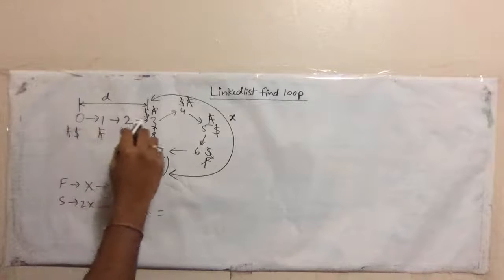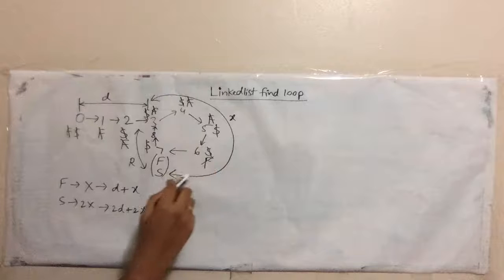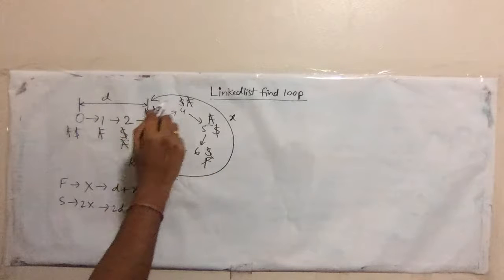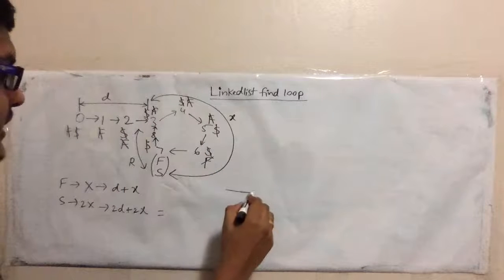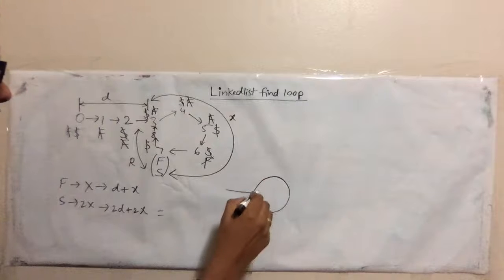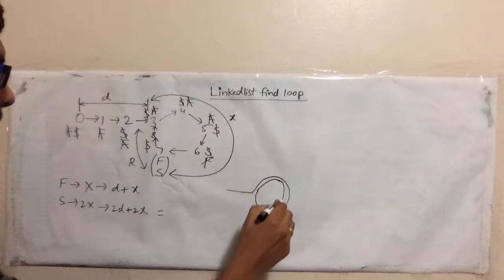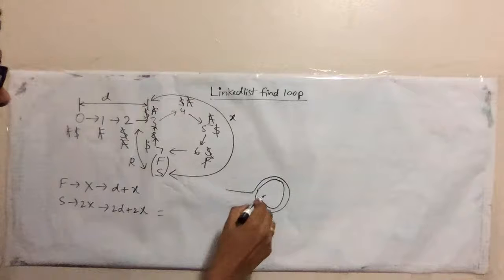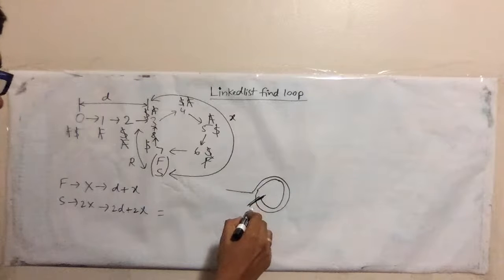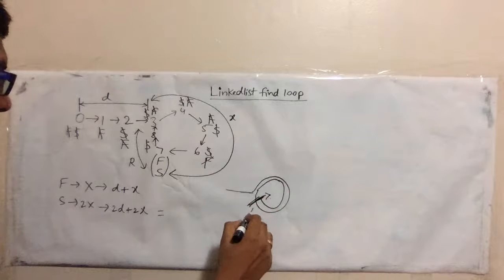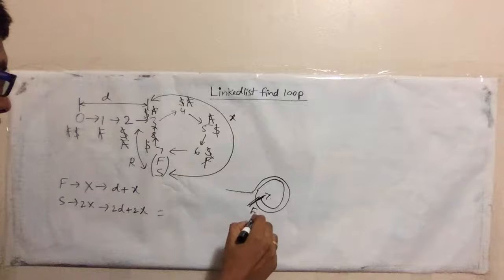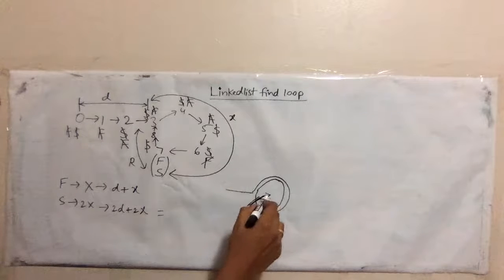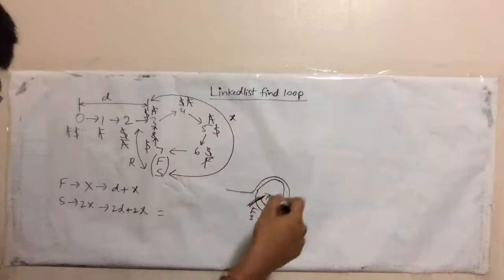It came here, took a loop, and again took a loop. At number 7, the first pointer and second pointer met again, so it has taken twice the loops.